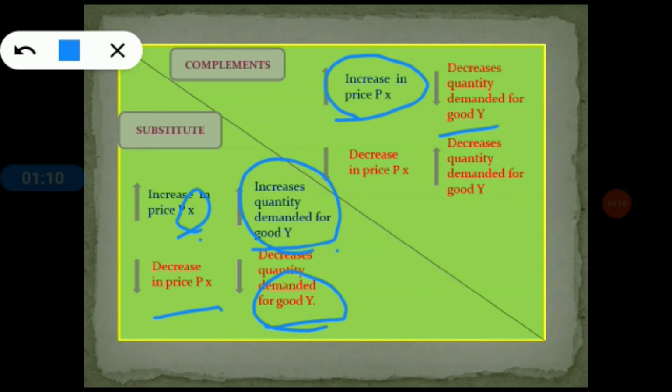Now going to the next part: when the price of commodity X decreases, the quantity demanded for good Y also decreases. So we have already told what you mean by substitute goods and complementary goods, and what are the examples of these two. I think it is clear to everyone. So now we will move on to the next slide.